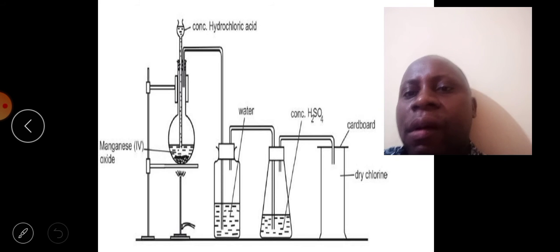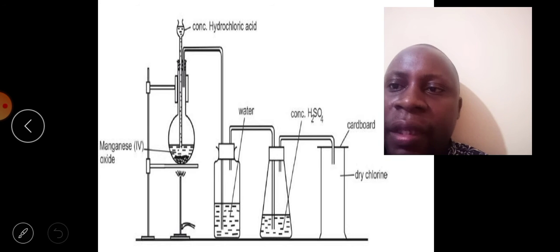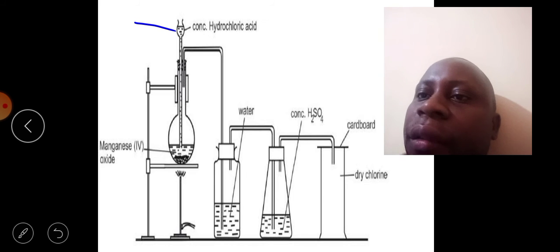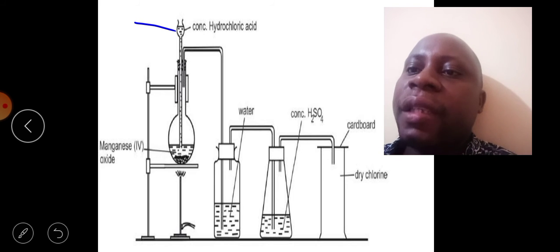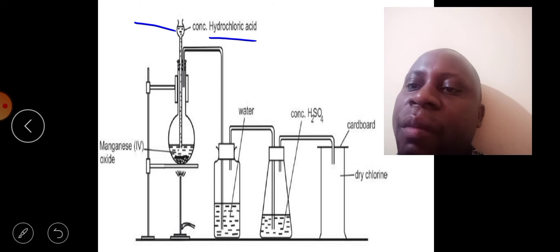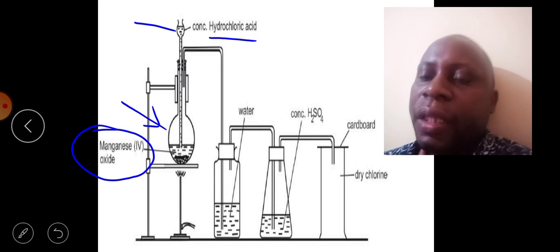Look at that particular diagram. I hope you are able to see that we have a thistle funnel. This is a thistle funnel here. And inside the thistle funnel, there is concentrated hydrochloric acid. In the round bottomed flask down here, we have an oxidizing agent, which is called what? Manganese(IV) oxide.